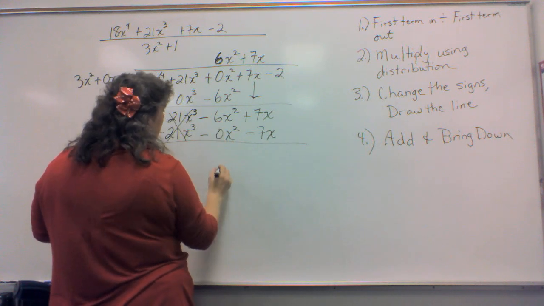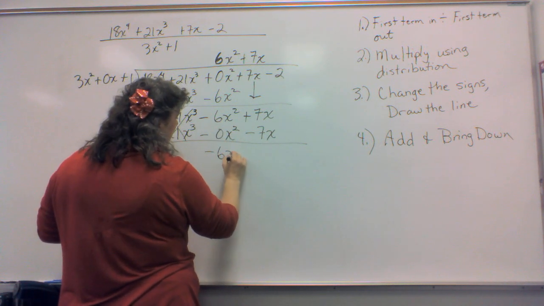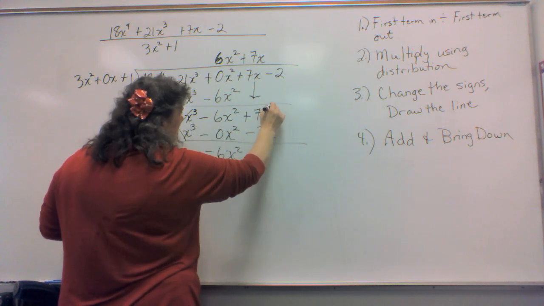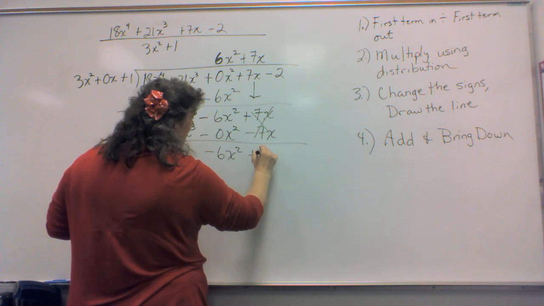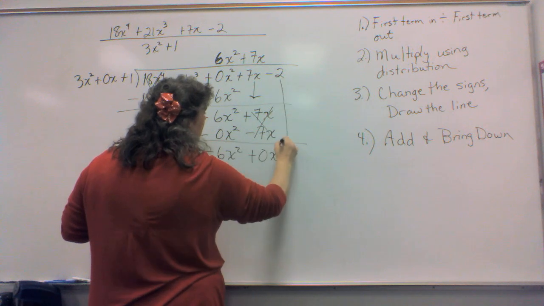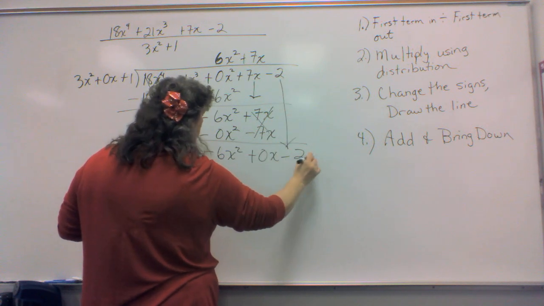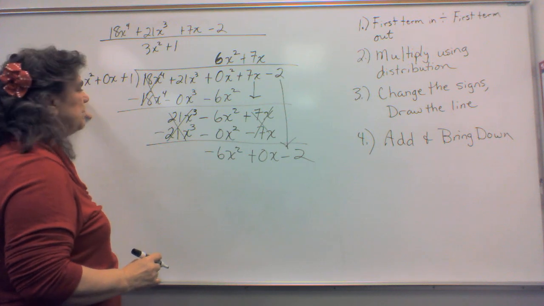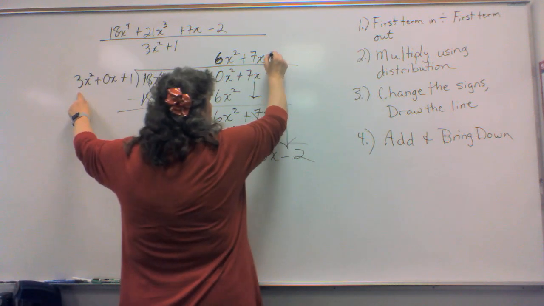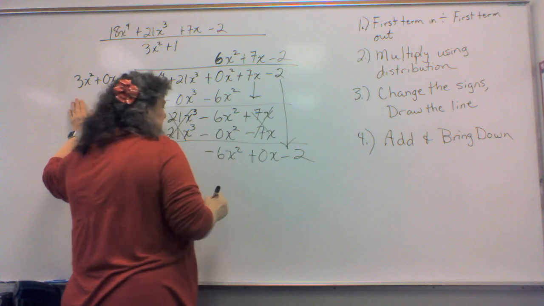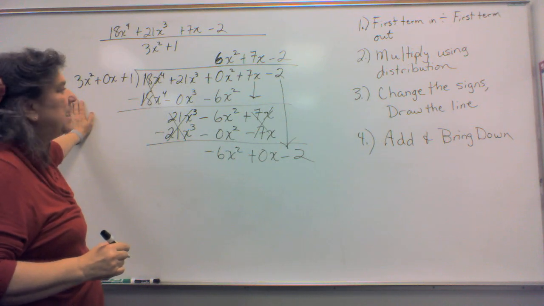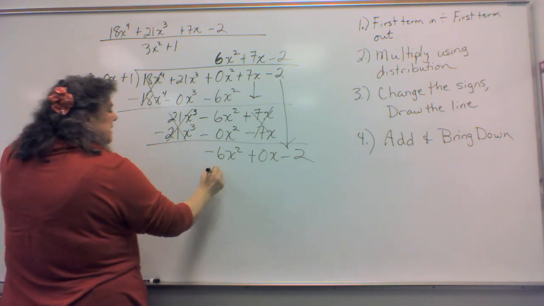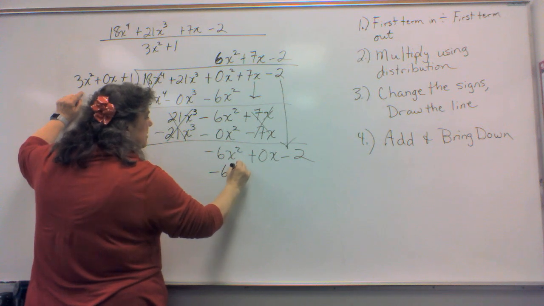Negative 6 minus 0 is negative 6x squared. 7x minus that is plus 0x. And bring down my last term, which is a minus 2. Now, negative 6 divided by 3 is a negative 2. And x squareds cancel out. So negative 2 times 3 is a negative 6x squared.